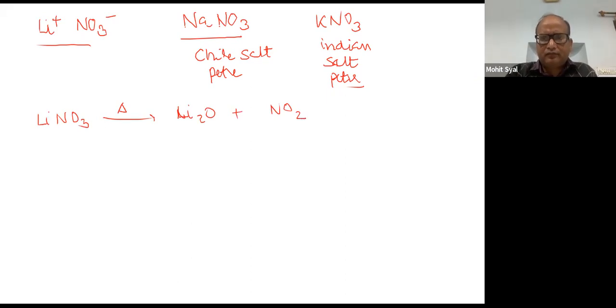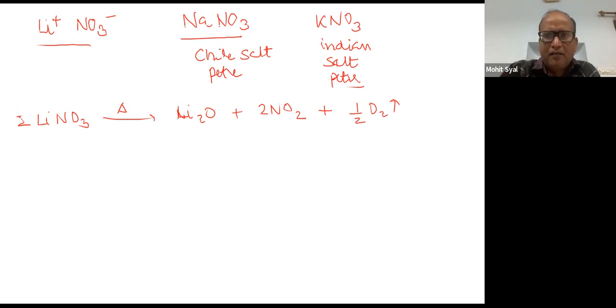And we can balance it: two N O2, these are two nitrogen dioxide molecules, and there is oxygen also which is being liberated, right? Clear? So there are 6 oxygen atoms. When you heat it, it breaks into oxide.